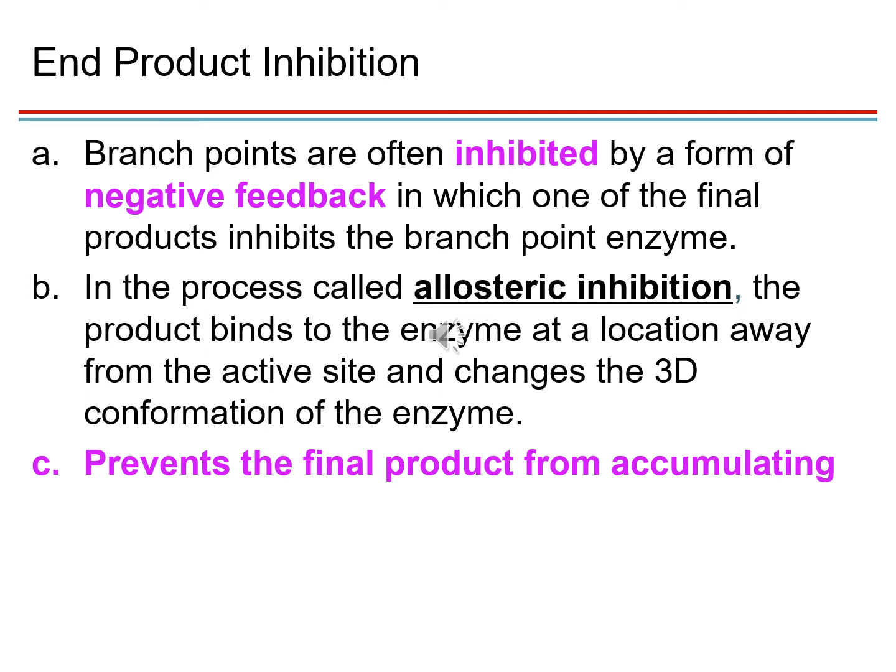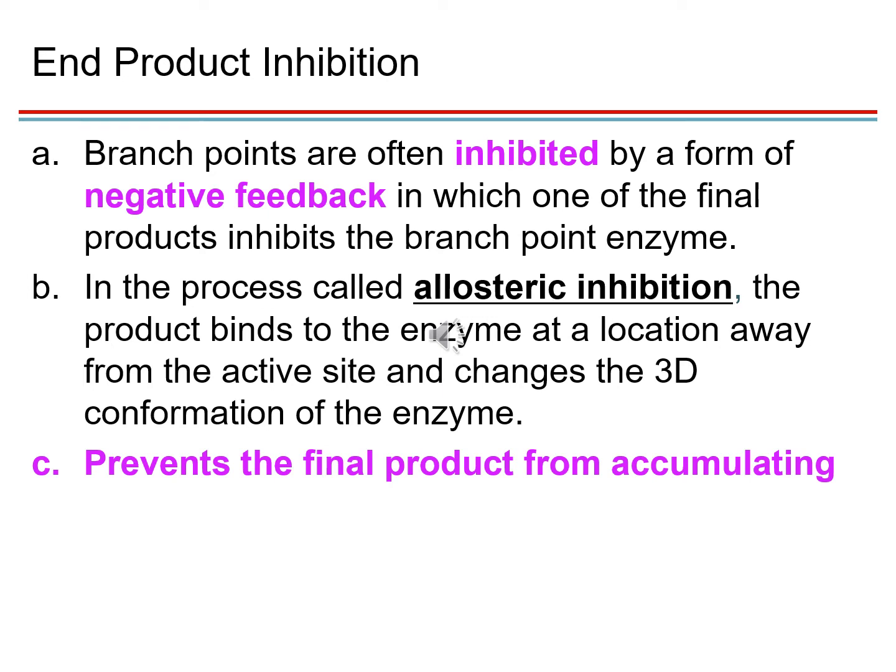In the process called allosteric inhibition, the product binds to the enzyme at a location away from the active site and changes the 3D conformation of the enzyme. And if the enzyme changes the conformation, it cannot produce the same amount of product.